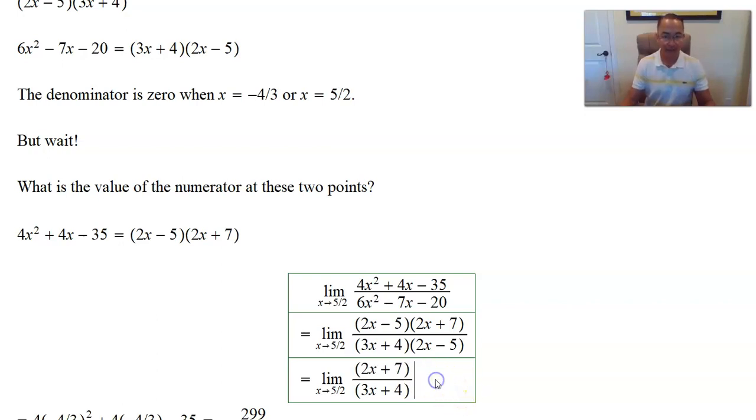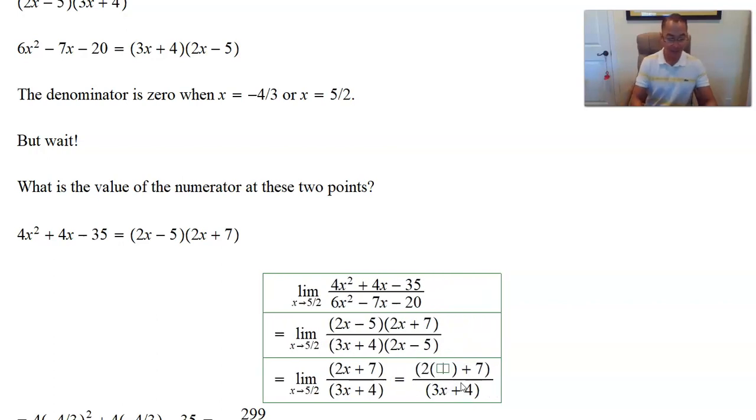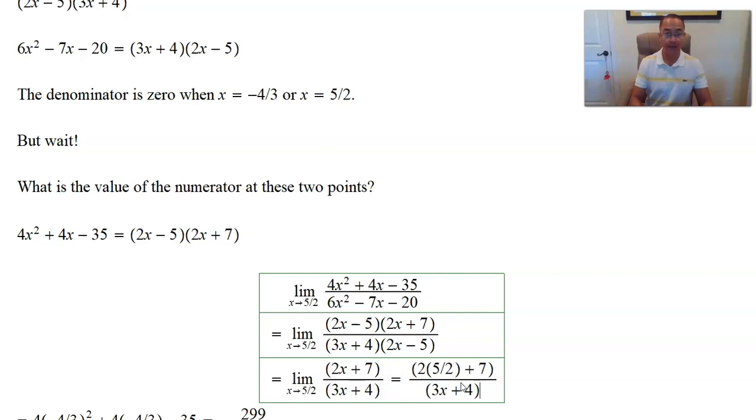Aha! But now the denominator is not 0 anymore. So according to basic calculus, when you're dealing with a rational function and the denominator is not 0, you can apply direct substitution. So the limit is simply this function when we plug in 5/2 for x.